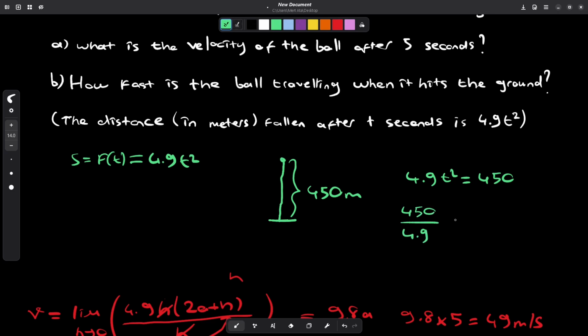450 over 4.9 is equal to t squared. From here, we need a calculator, of course. This is approximately 91.8, root of this, approximately, let's say 9.5.